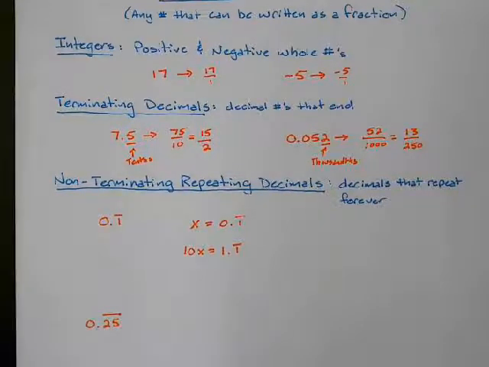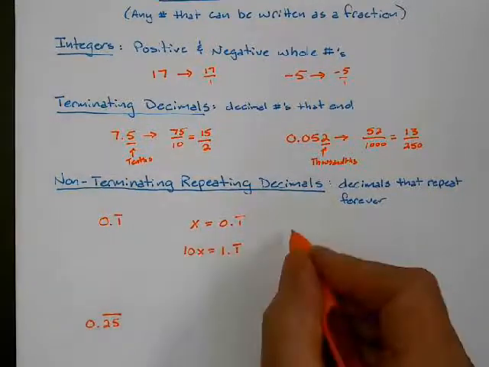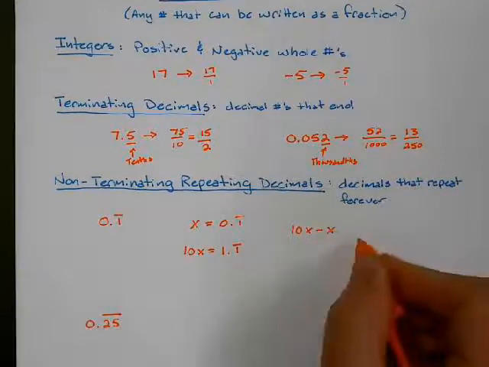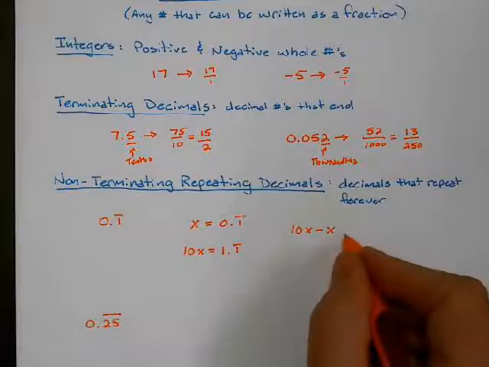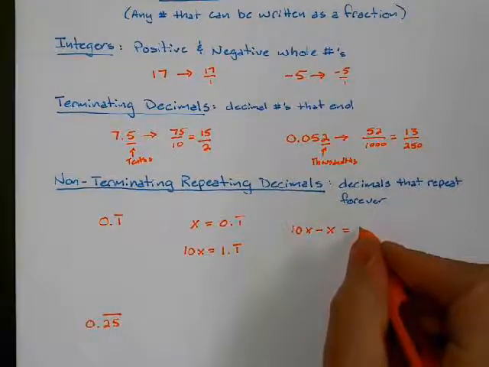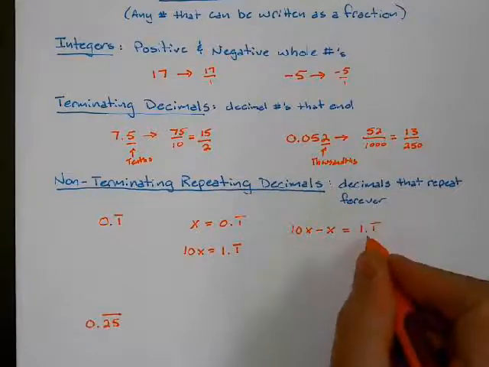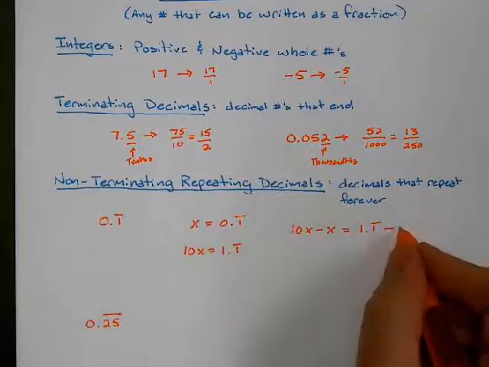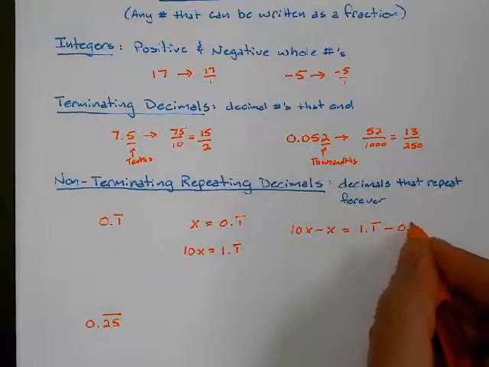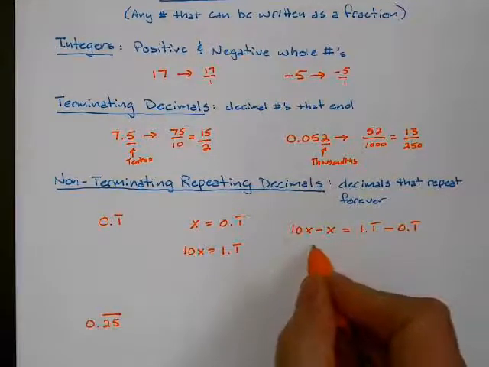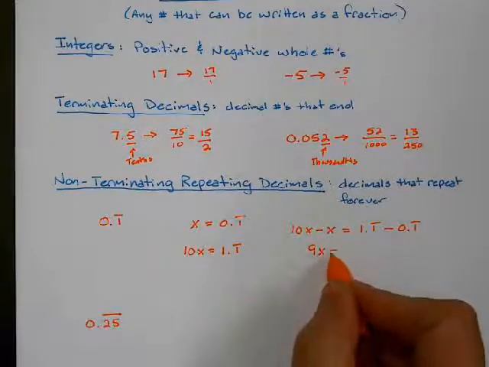Okay, so I've got two equations there. Now I can say 10x minus x. So this minus this would equal what? Well, 10x is 1.1 repeating, minus x, which is 0.1 repeating. On this side of the equation, we get 9x, because 10x minus x.